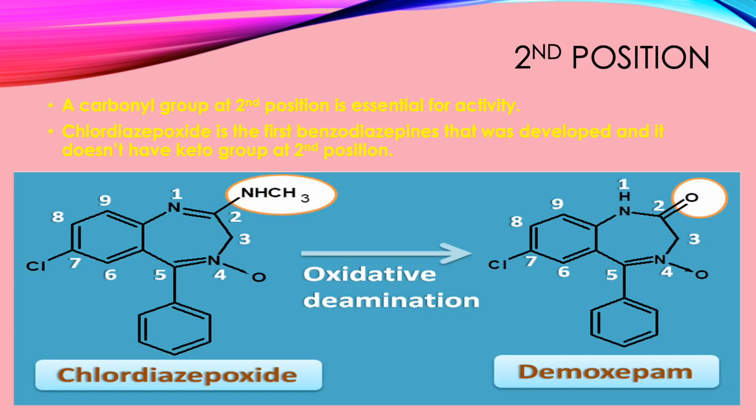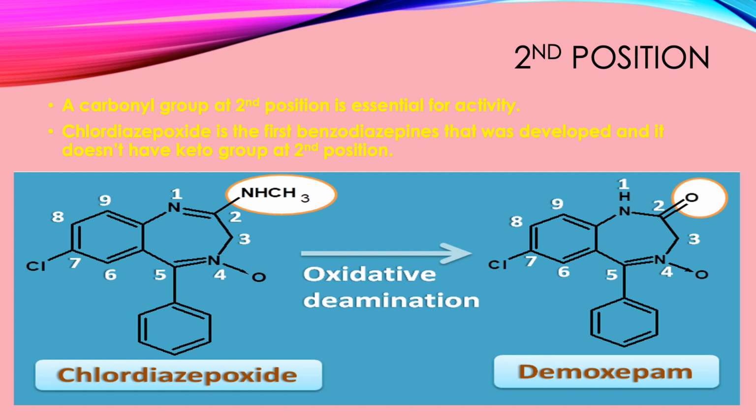The next position would be our number 2 position. A carbonyl group at second position is essential for activity. Chlordiazepoxide is the first benzodiazepine that was developed and it doesn't have a keto group at second position. So it needs to be metabolized following oxidative deamination.